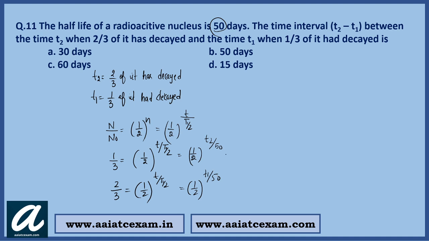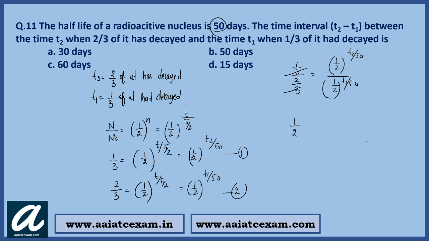Let us divide equation number 1 and 2, students. So you'll get 1 upon 3 whole divided by 2 by 3. This will be equal to 1 upon 2 raised to the power t2 by 50 whole divided by 1 upon 2 raised to the power t1 by 50. So students, this will cancel out.